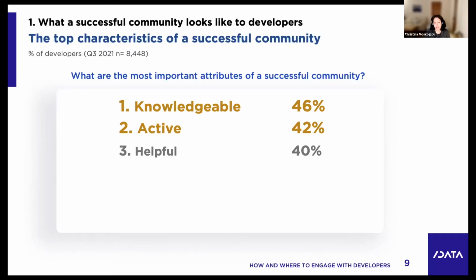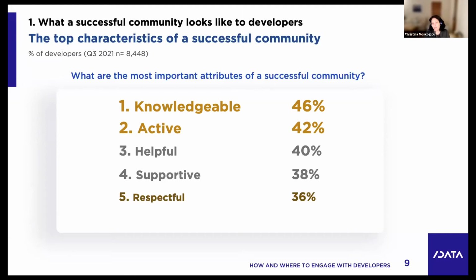The third thing that comes up is helpful. So we're going into what I mentioned as soft, more humane features of a community: helpful, also supportive, and then respectful. What does that tell us? Attitude is important in a community.